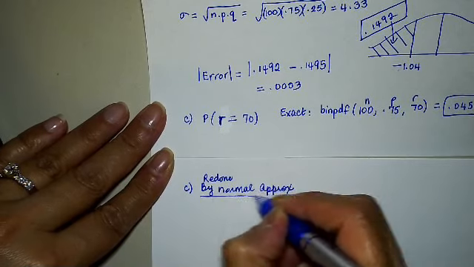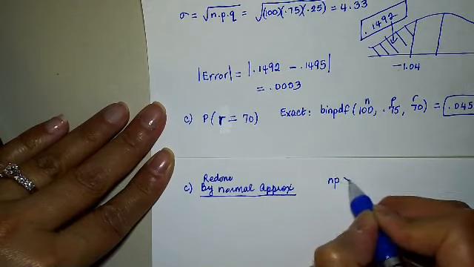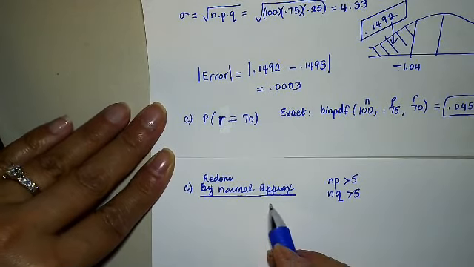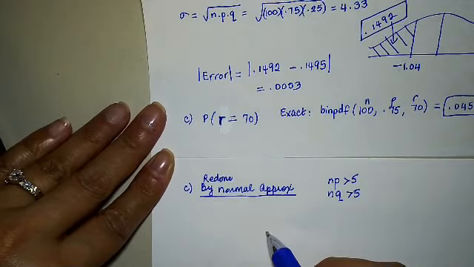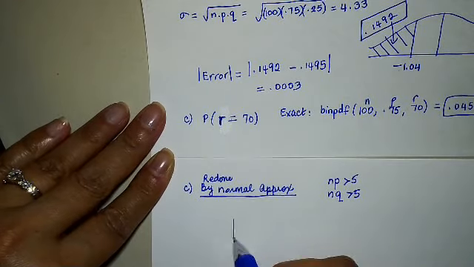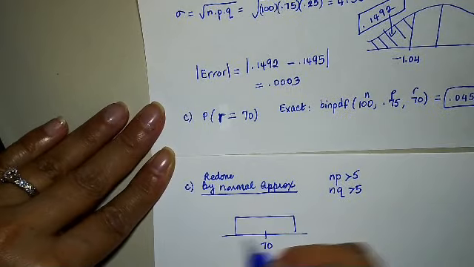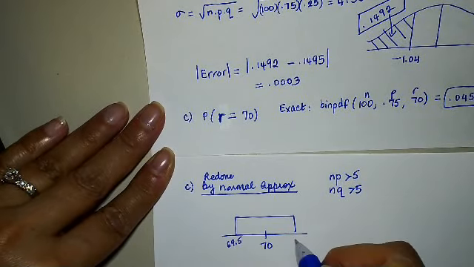Redone by normal approximation. So we already know that np is greater than 5 and nq is greater than 5. So I can go ahead and approximate this with a normal curve.